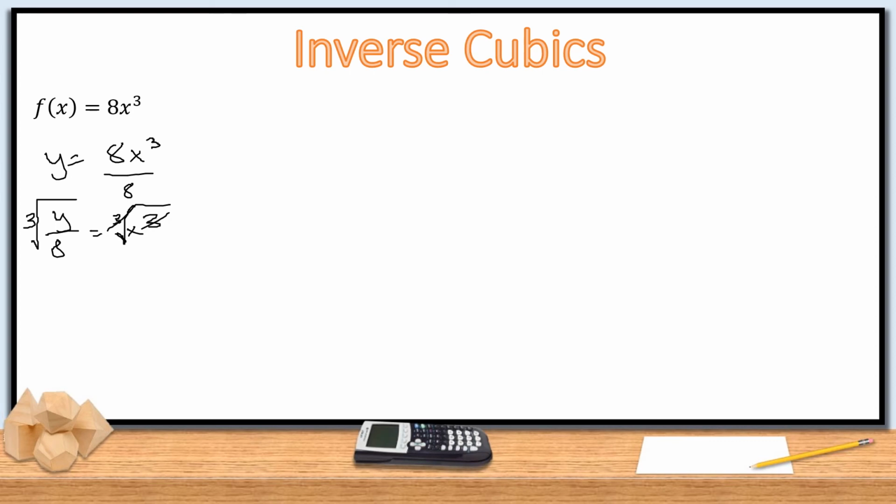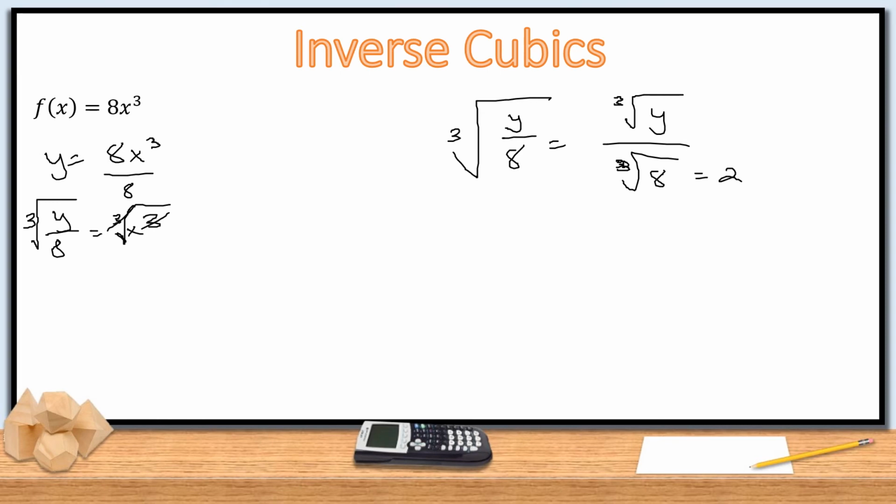Now, one thing to note: when you get the cube root of y over 8, you can always split a fraction like this, the cube root of y over the cube root of 8. You can just split the numerator and denominator and say they're both still cube roots. But the cube root of 8 is 2, because 2 cubed is 8.